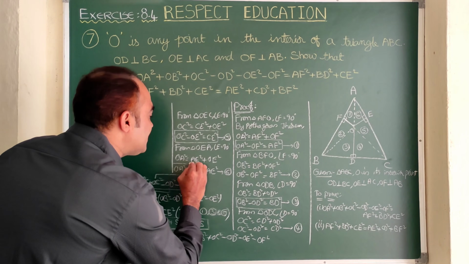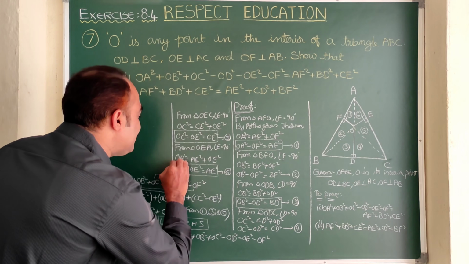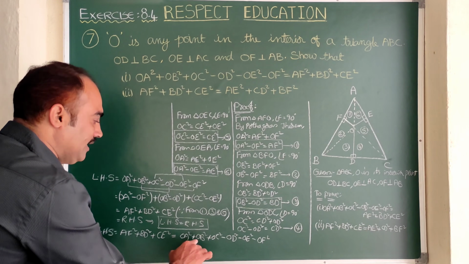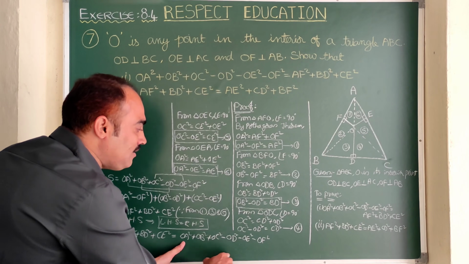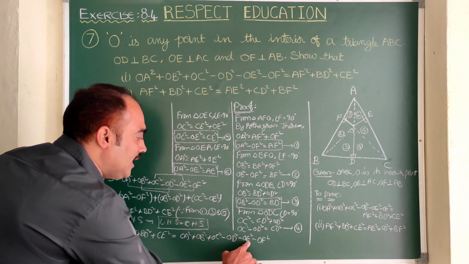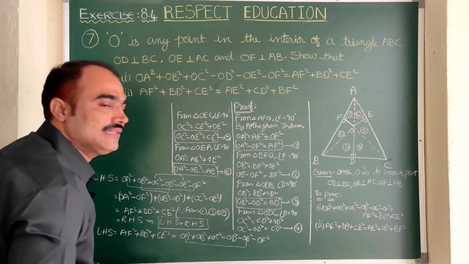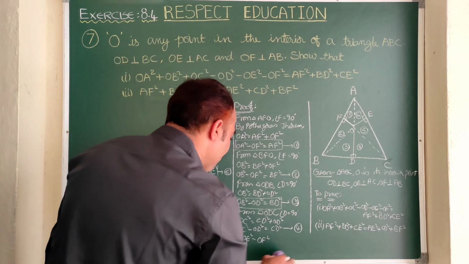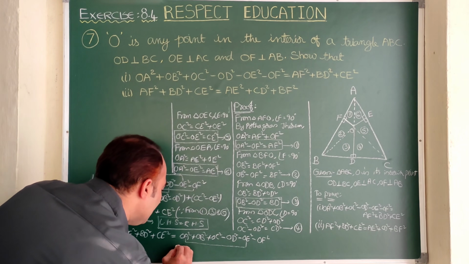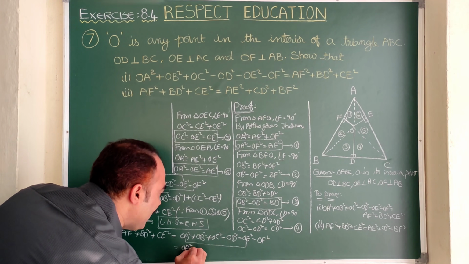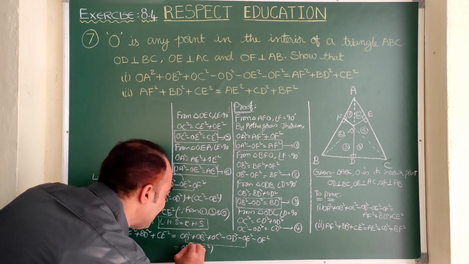OA square and OE square, this combination gives us AE square. So OA square, beside that let us write OE square. These two let us write side by side. So here I am writing OA square minus OE square, right?